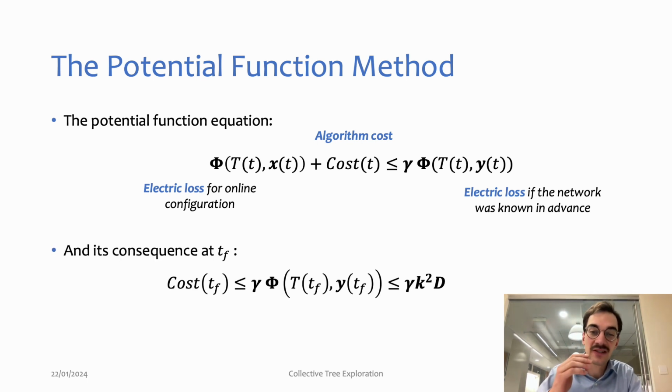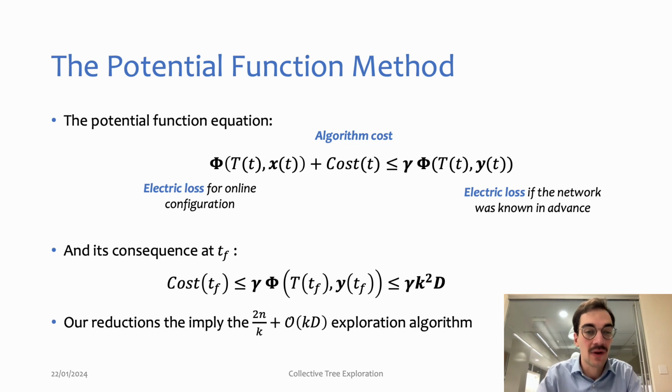This equation is used at the ultimate time step, Tf, to obtain a guarantee in a constant times t squared times k squared times d. And then our reduction implies the 2n divided by k plus big O of kt exploration algorithm. I encourage you again to have a look at the paper if you want more details on all of this.